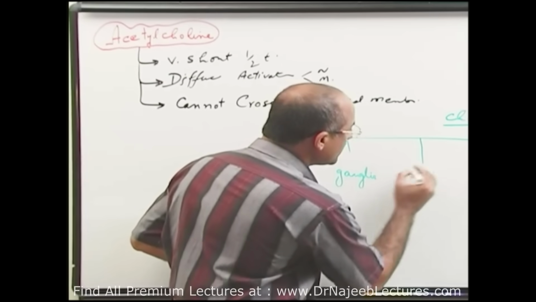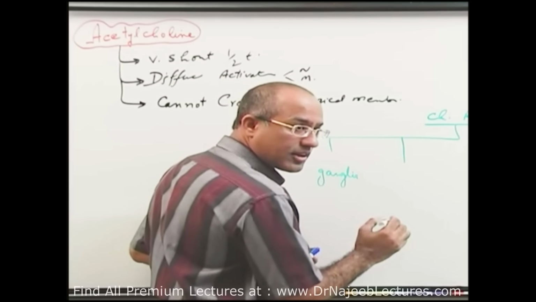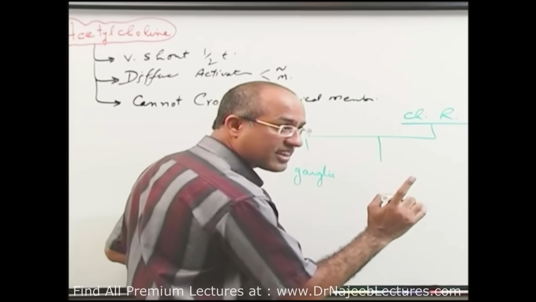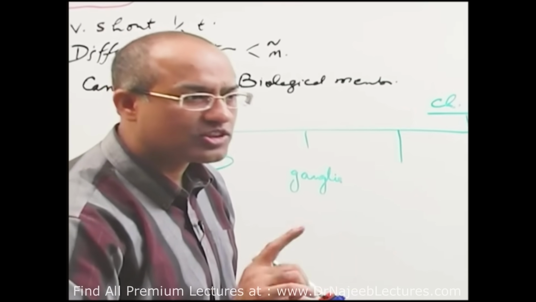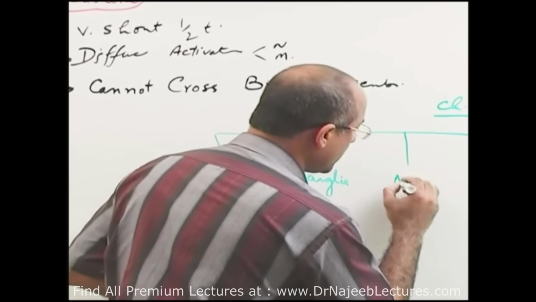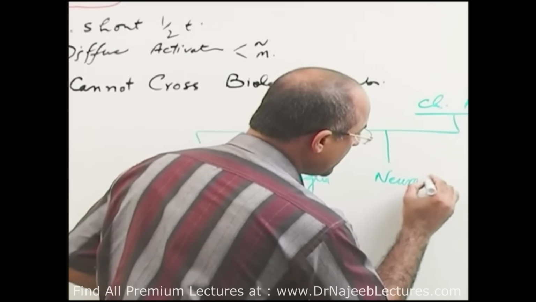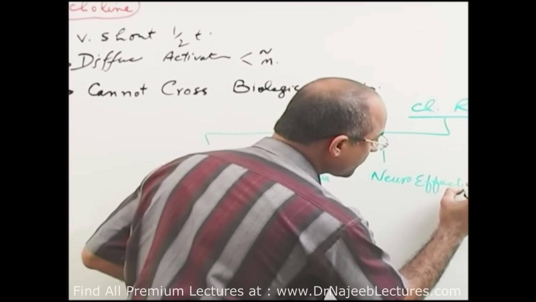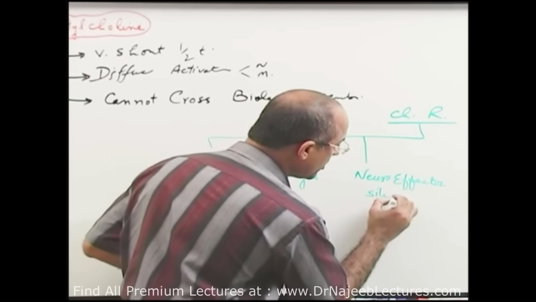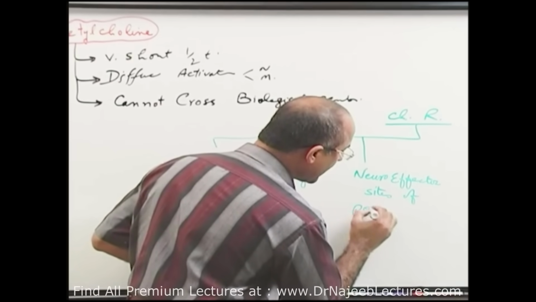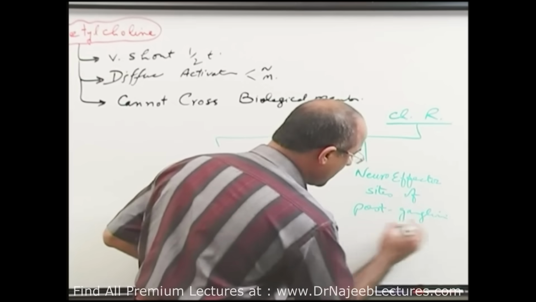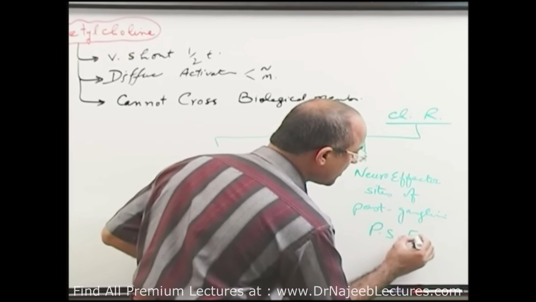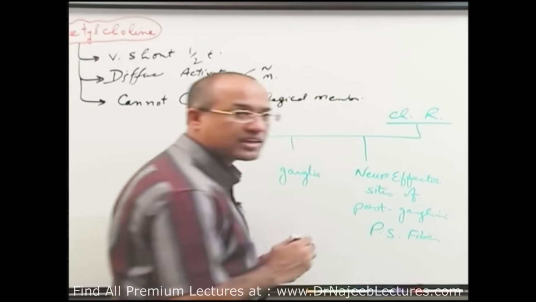Thirdly, cholinergic receptors, especially muscarinic receptors, are present at the neuroeffector sites of most of the postganglionic parasympathetic fibers.